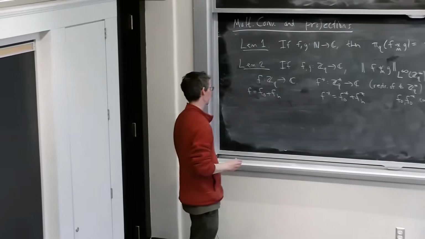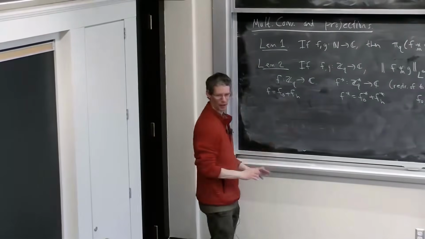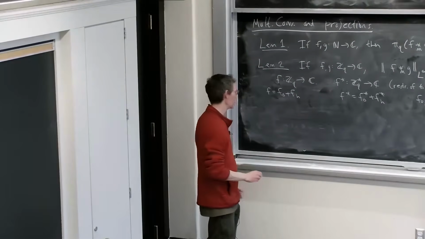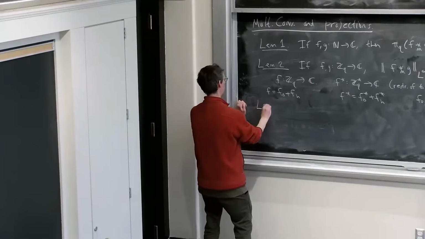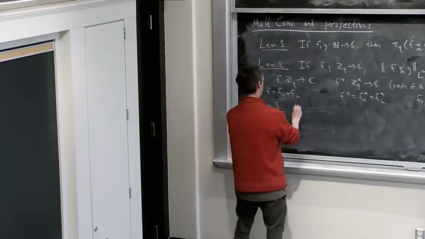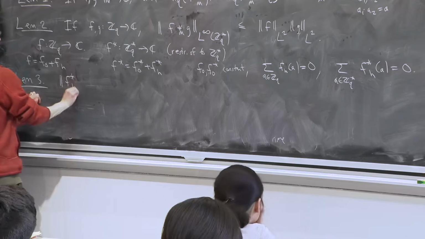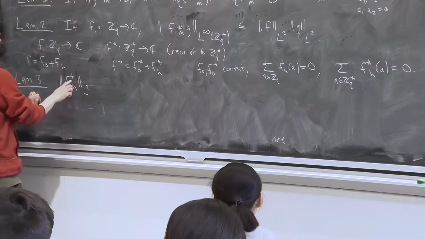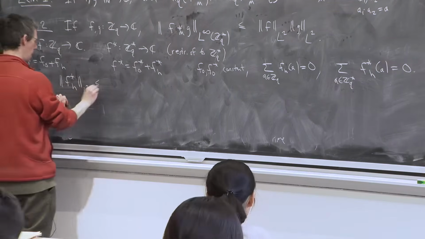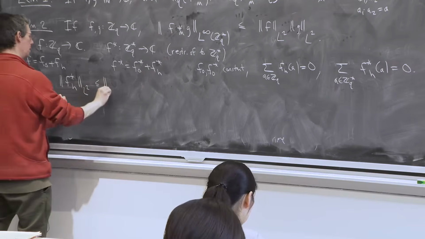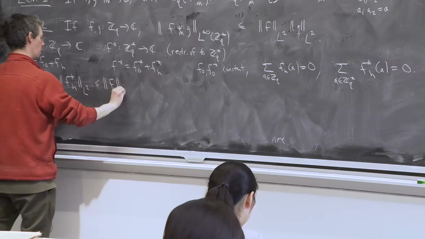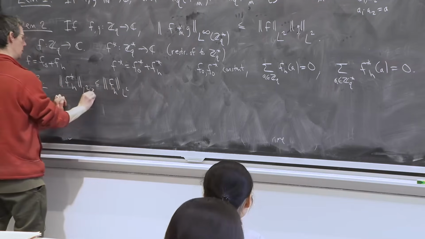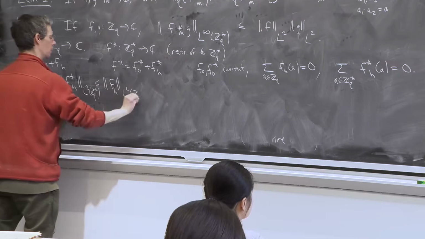OK. So I felt like I had to say this to be kind of honest at some point, but it's not really a big deal. And lemma 3 says that the L2 norm of the high star part is at most the L2 norm of the regular high part. So this one lives on Z_q star, and this one lives on Z_q.